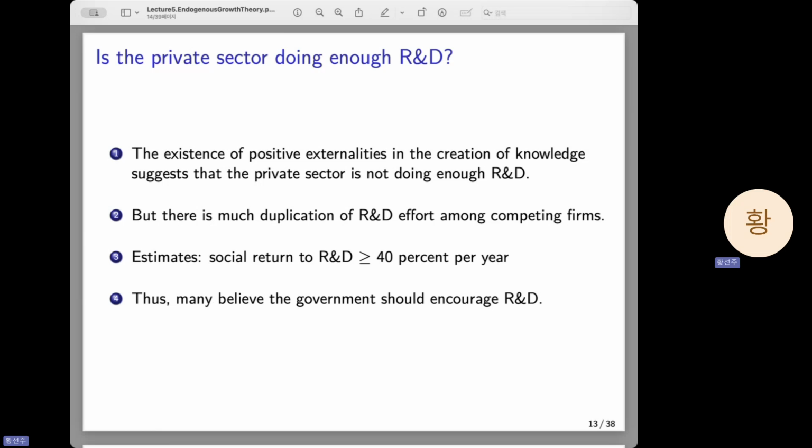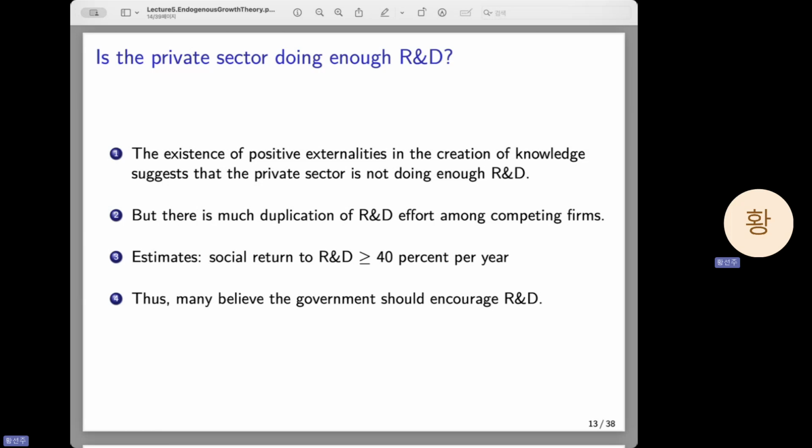On the other hand, there is also duplication. Several firms race to invent the same things, which wastes resources. The empirical estimates suggest that the social return to R&D is around 40% per year, which is far higher than the private returns.